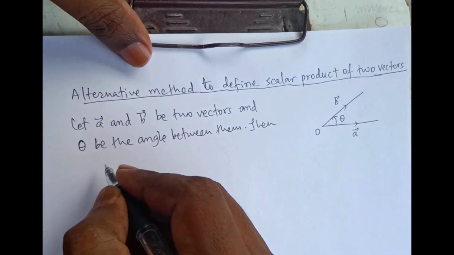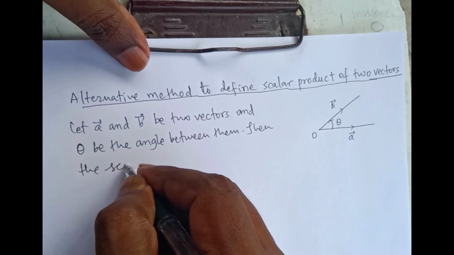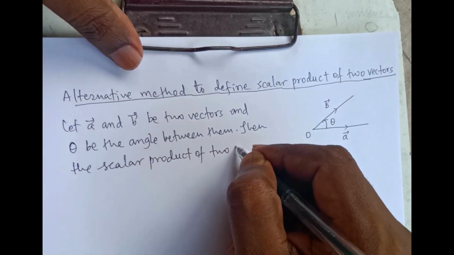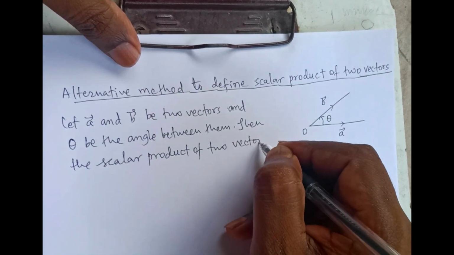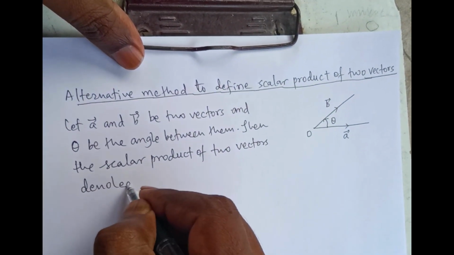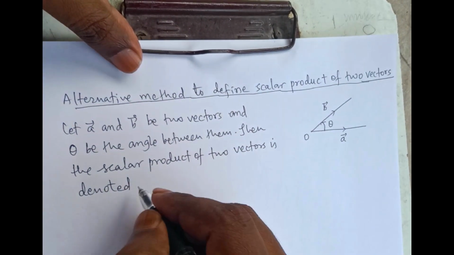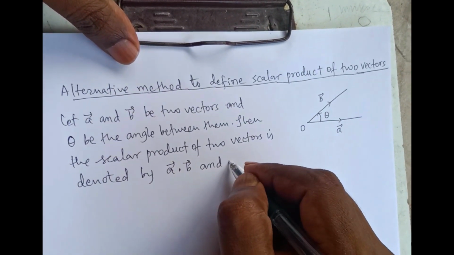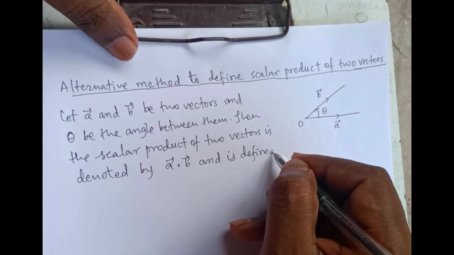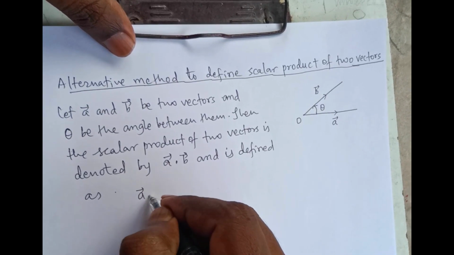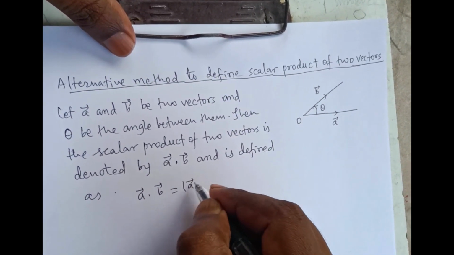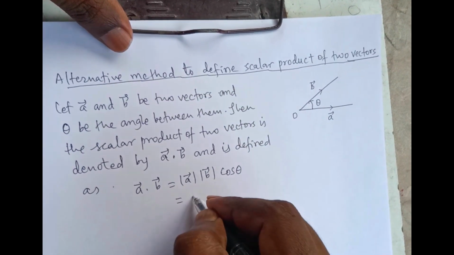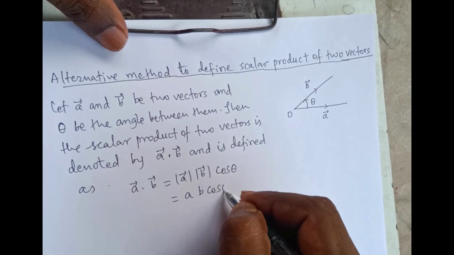Then the scalar product of two vectors is denoted by a vector dot b vector, and it is defined as a vector dot b vector is equal to modulus of a vector times modulus of b vector times cos theta, which can be simply written as ab cos theta.